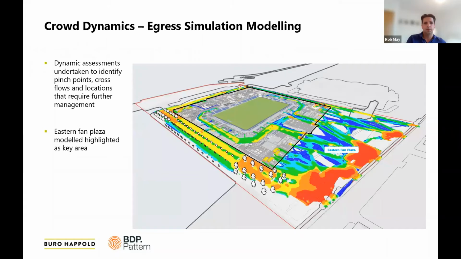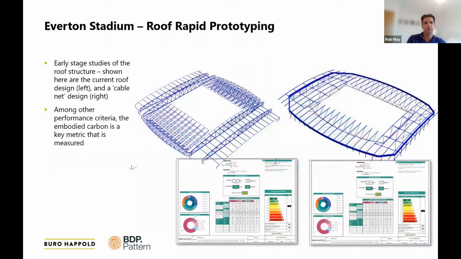Some of the key ones being egress simulation modeling for crowd dynamics, the Eastern Fan Plaza in particular, making sure that the crossover points and all of the egress from the stadium into those areas works. And again, this is something that feeds into that overall picture, where the stadium sits on the site, how that impacts the structure, the foundations, the relationship to the dock wall. This is just one of those metrics that fits into that.